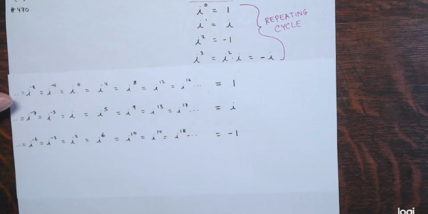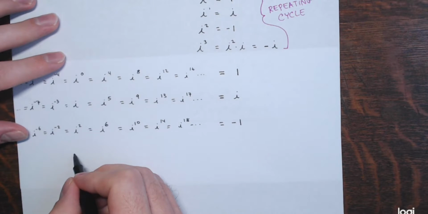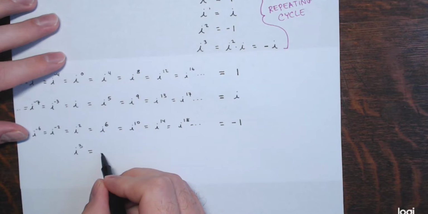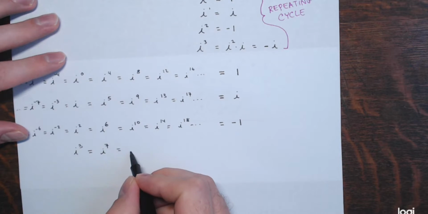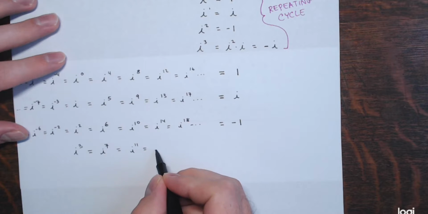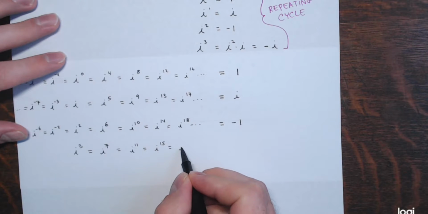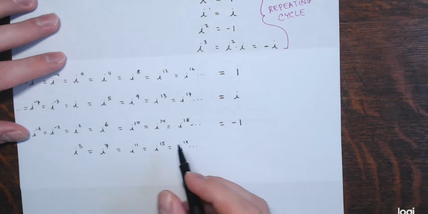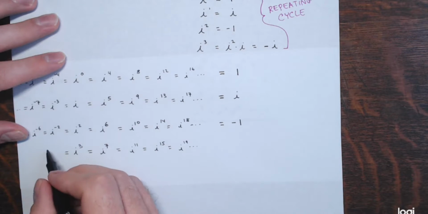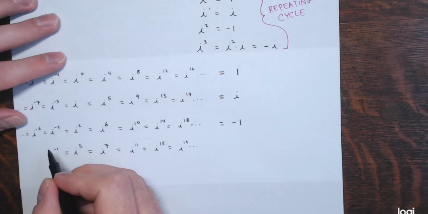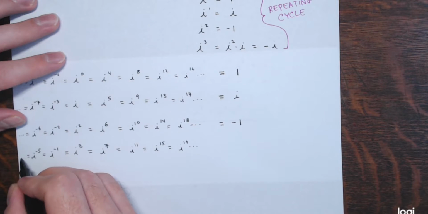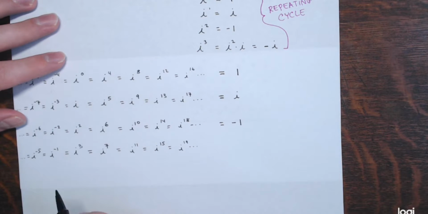Right. And then finally, taking care of the rest of the powers of i, we have i cubed. i to the third power will be the same as i to the 7th, i to the 11th, i to the 15th, i to the 19th, the 23rd, the 27th. Going backwards, you have i to the negative 1st, i to the negative 5th, and so on, -9, -13, and whatever.